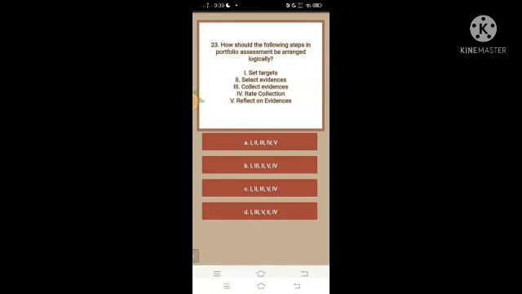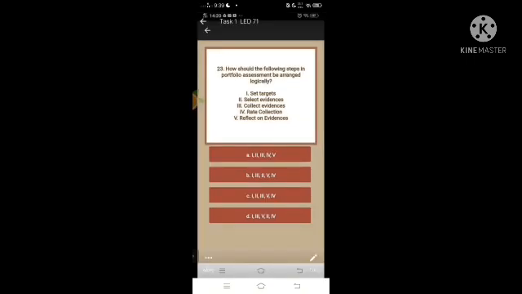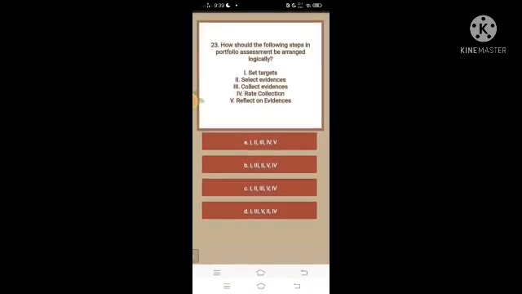Okay, thank you, Erica. Will anyone add their thoughts or perhaps answer the question? Raj, go ahead. In my opinion, I think the correct answer would be letter B, because we have to set the targets in order to define what is the topic of the portfolio that you're going to assess.